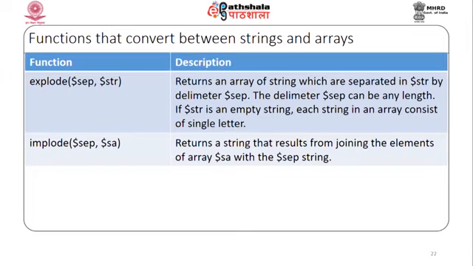The delimiter $sep can be any length. If $str is an empty string, the array consists of a single empty string. And the reverse of explode, you can say convert an array into a string, is implode, which returns a string that results from joining the elements of an array.